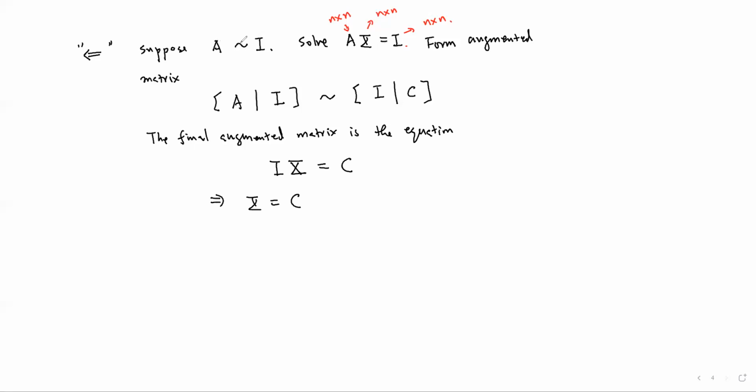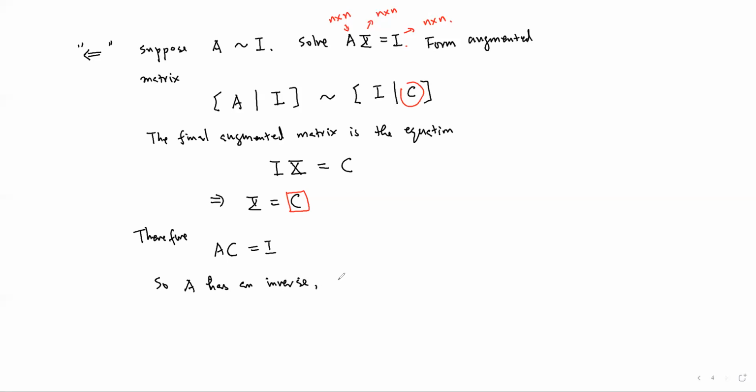So when A can be reduced to I, then this matrix equation has a solution. The solution is C. Therefore, the matrix here actually is a solution, so A times C is I. So A has an inverse.